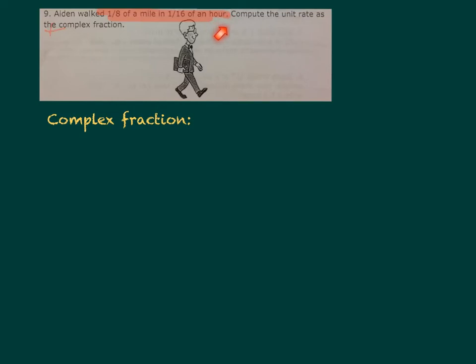Okay, even though the question didn't really say anything, this problem is all about asking how many miles Aiden walked in an hour. So how many miles per hour? When you look at this phrase, miles per hour, if you remember your unit rate from earlier, you can write it as miles over hours.